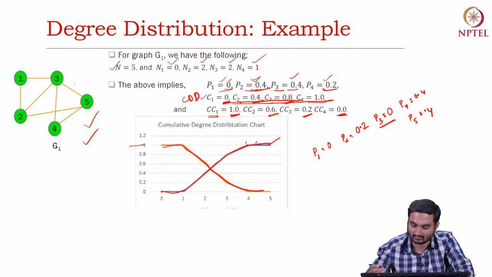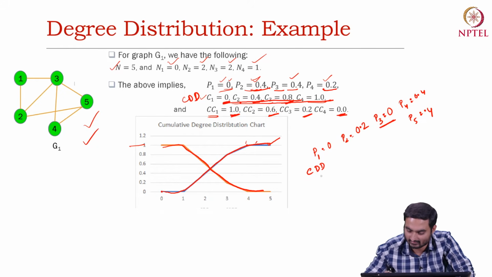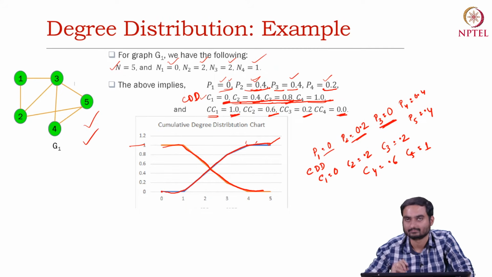Then if you take the cumulative distribution, then C1 would be 0, C2 would be 0.2, this plus this, C3 would be again 0.2, 0 plus 0.2 plus 0, C4 would be 0.6 and C5 would be 1.